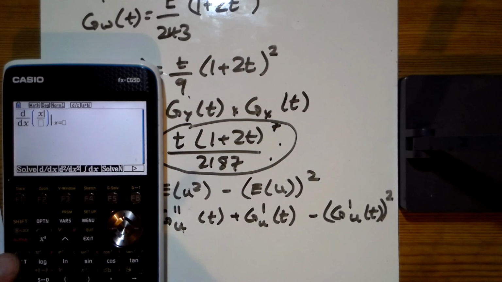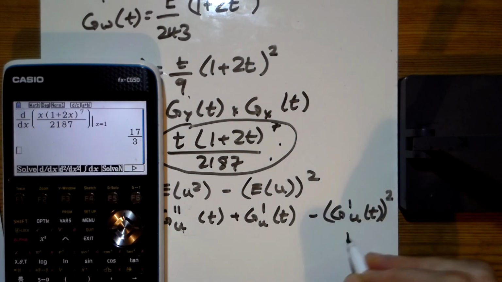So you can pause the video now if you want to, because all I'm going to be doing now is tapping this into the calculator. That's x times (1 plus 2x) to the power of 7 over 2187, and I'm seeing what that differentiates to when x is 1, and it gives me 17 over 3.